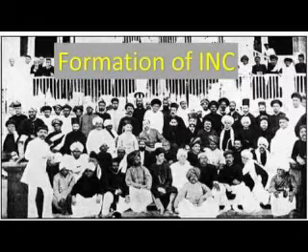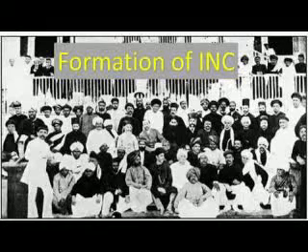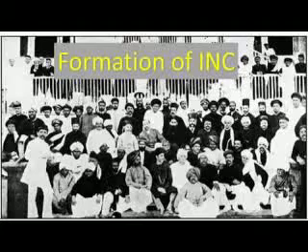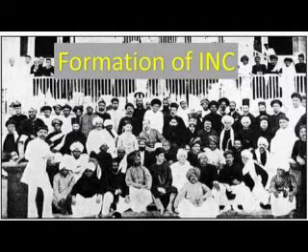The first Congress adopted 9 resolutions. In one resolution, a demand was put forward for the appointment of a royal commission for inquiring into Indian affairs, on which Indians would be adequately represented. The other resolution demanded the abolishment of the Indian Council of the Secretary of State for India.